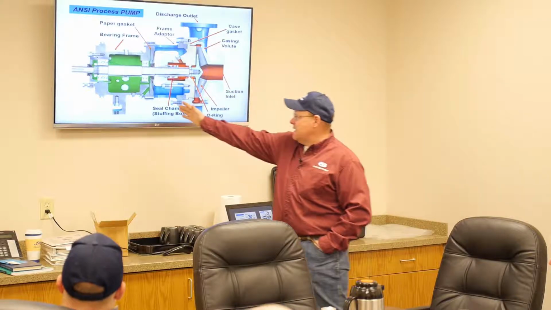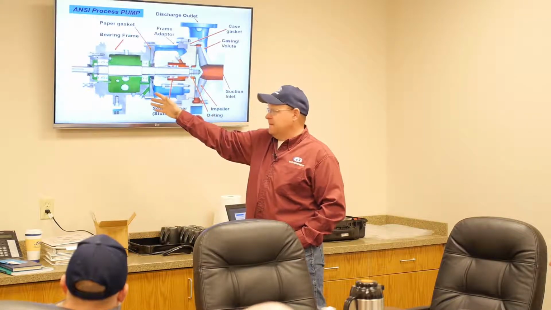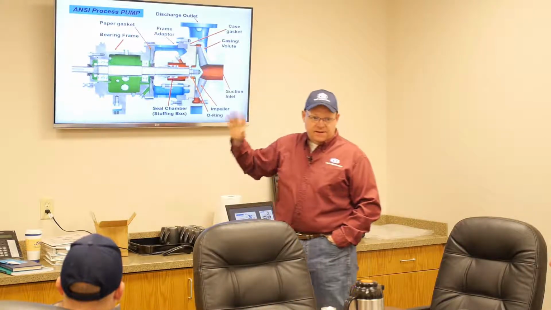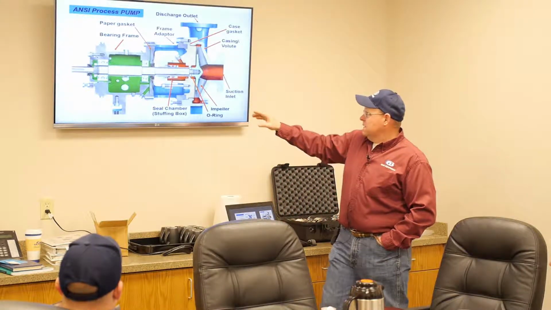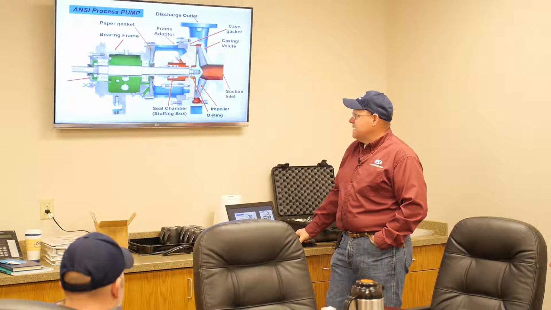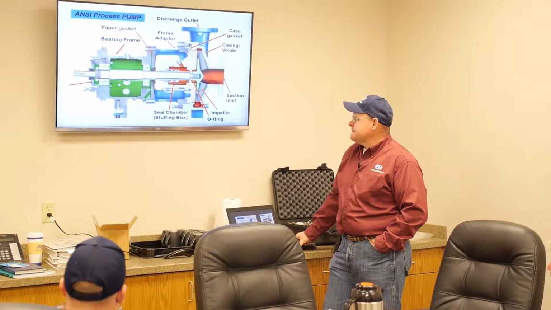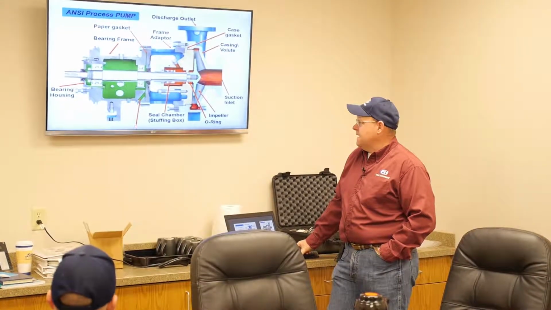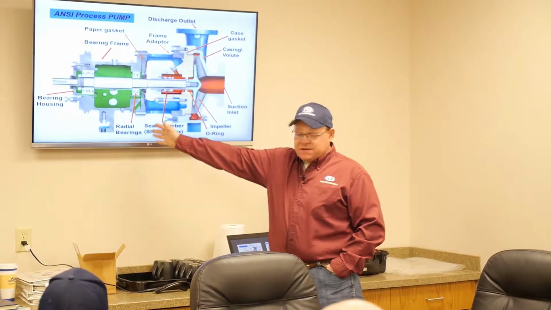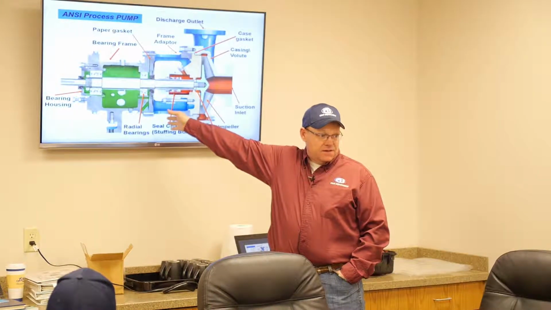This is the power frame. Again, depends on where you're from. This is power transmission, bearing frame. You can keep adding to it as you want to. Obviously, from that end back there, that's where all the power is being transmitted through to the impeller. There's your bearing housing. Radial bearing. What's another name for this bearing up here up front?